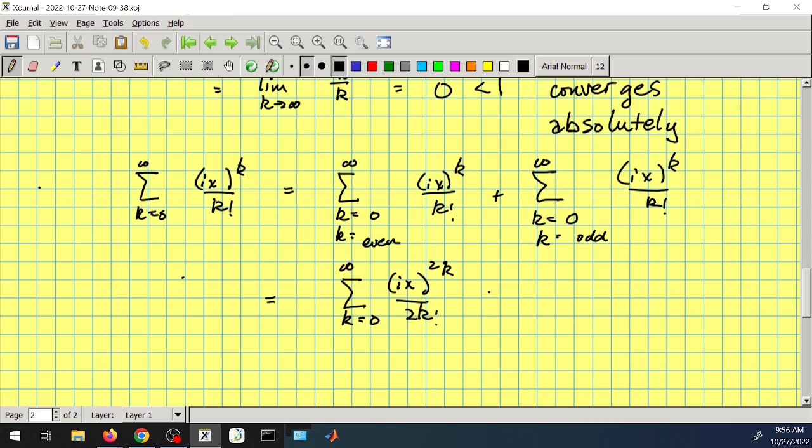Yes, you can. And I can get all the odd ones by going from 0 to infinity with 2k plus 1, and using i to the 2k plus 1. It depends on whether we start at 0, so we have to go plus 1, because 2 times 0 minus 1 would be negative 1, and we would not get the right indexes.